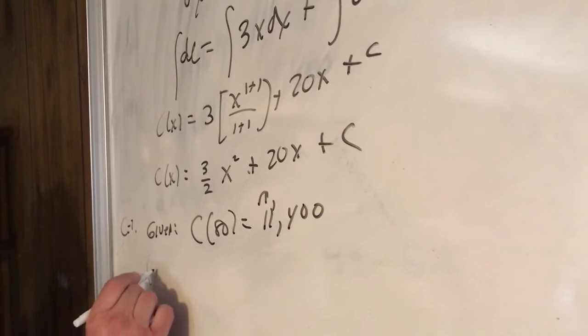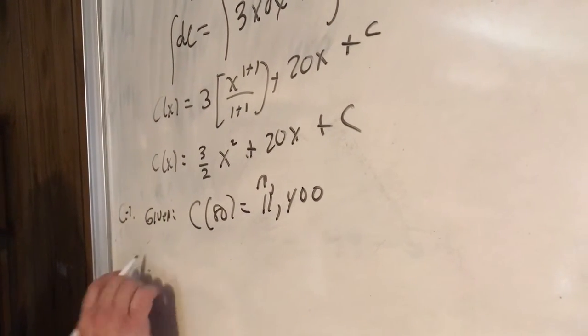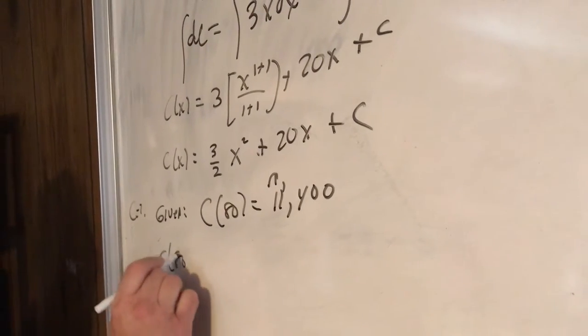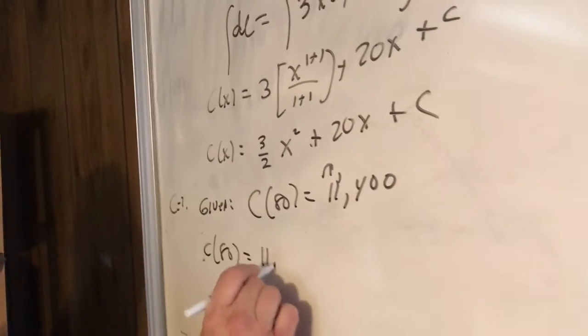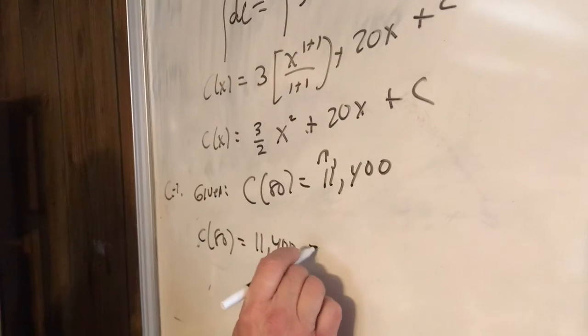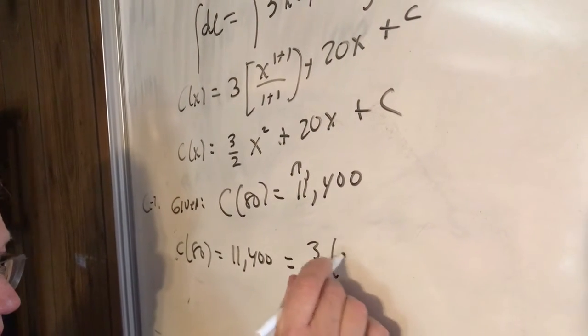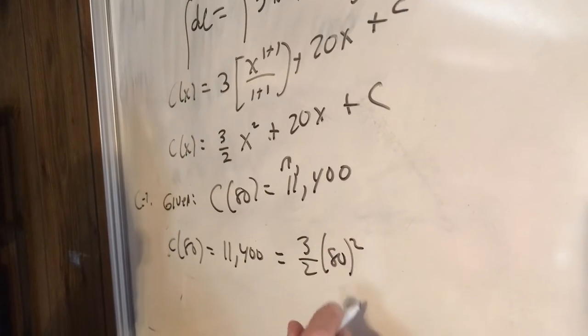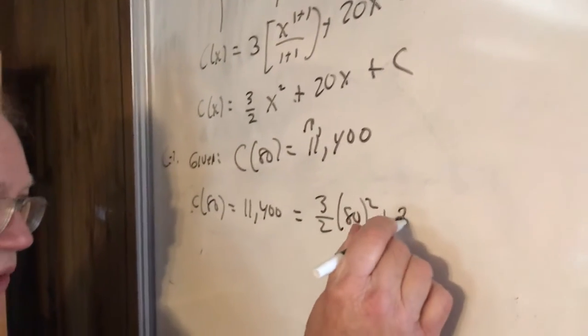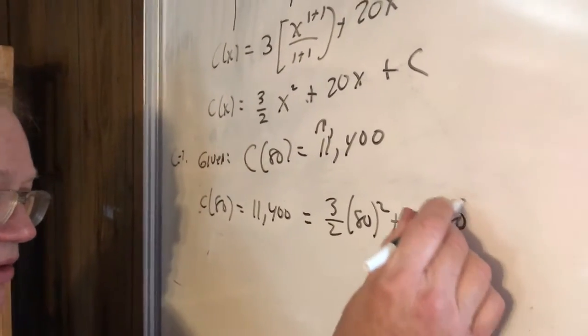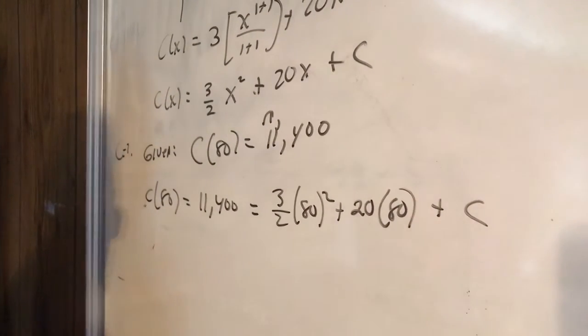So when x is 80, this is 11,400, and that's going to be 3 halves times 80 squared plus 20 times 80 plus c.